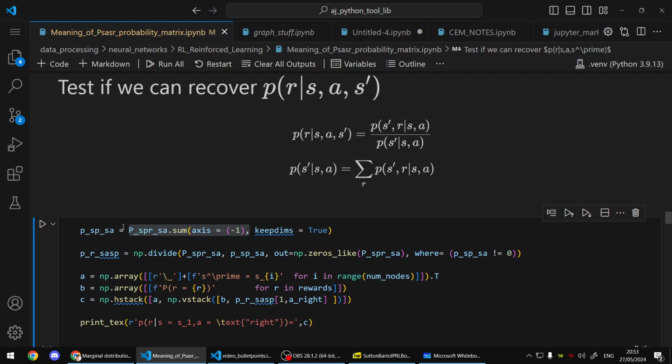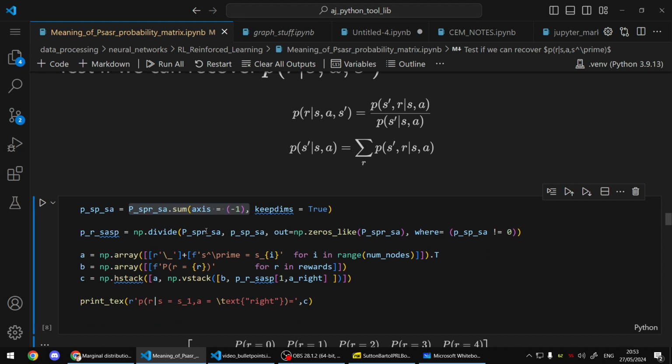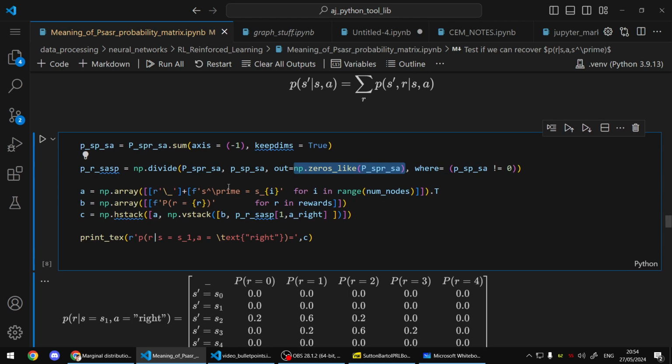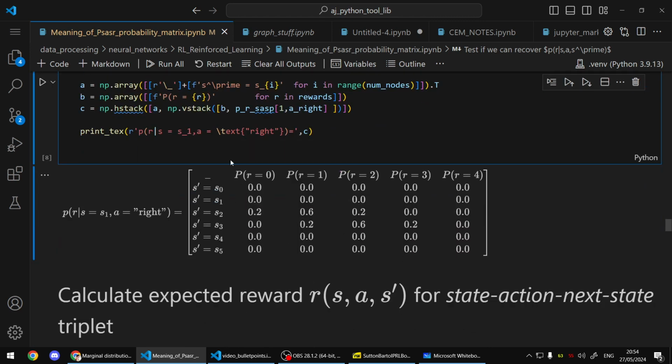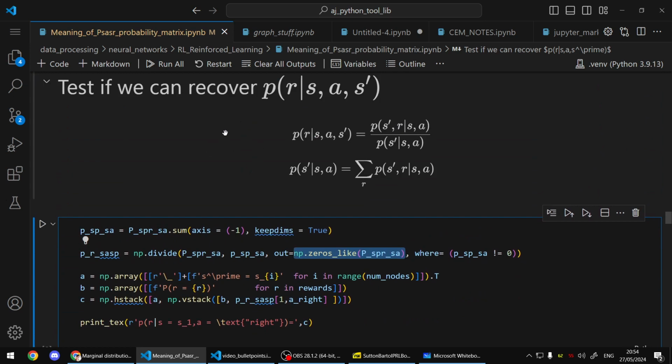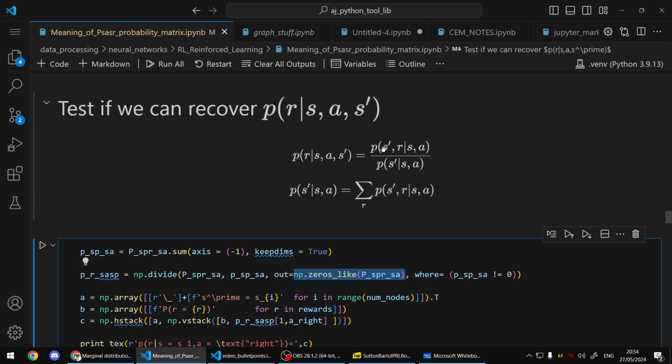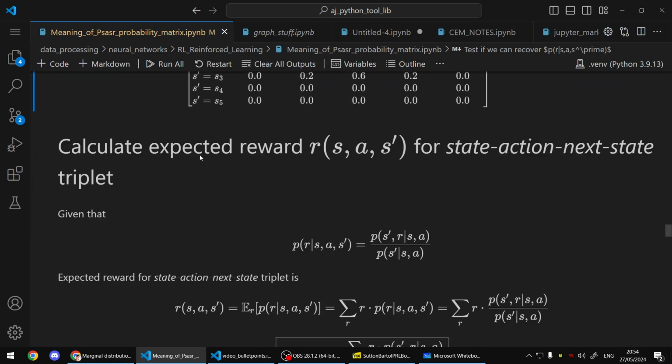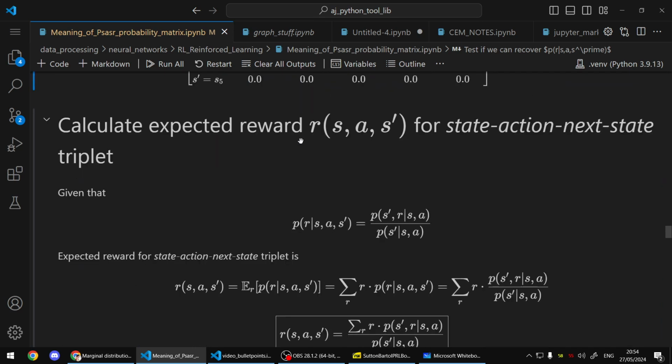I calculate the bottom half, P of S prime given S, A, and I divide our big matrix, S prime R given S, A, by this. But since we have a lot of zeros everywhere, I have to specify where to do it, and I replace it with zeros elsewhere. We properly recover the probabilities from our matrix, which means our S prime R given S, A matrix is defined properly. And now we can start actually calculating stuff for our environment.